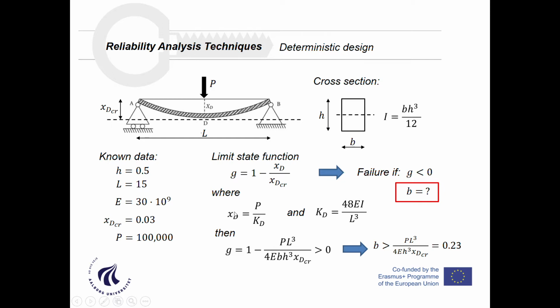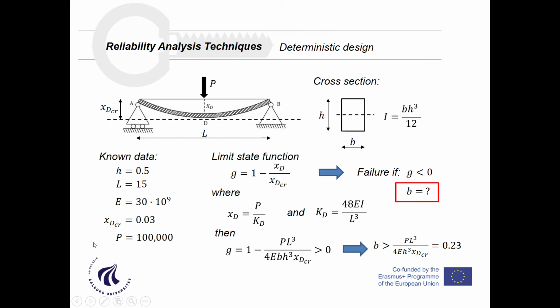Then we know from structural analysis that the deformation in the middle of the beam will be given by the load applied divided by the stiffness of the degree of freedom, D, which is given by the expression here on the right. Then using these two expressions in the limit state function, we can obtain something like the expression shown in the last line.